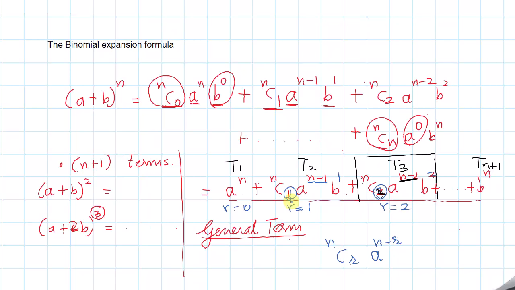So coming back to this, nCr, a raised to n minus r, and your b will be raised to r. So if r is 2, you're getting the third term. So if your r is r, you're getting the r plus 1 term. This gives you the general term in the expansion.